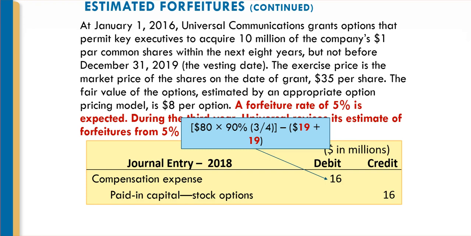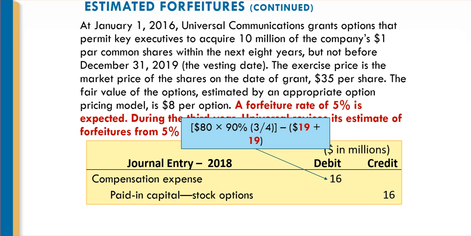Because we are dealing with equity, you cannot do it that way. Instead, what you need to do is say, at the end of 2018, I want my balance in paid-in capital stock options to be 72, which is 80 times 90%, times 3/4. It needs to be 3/4 of 72, because at the end of the next year, after I do my 2019 journal entry, I want my balance in paid-in capital to be 72.